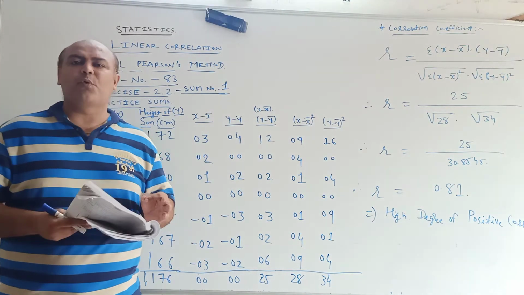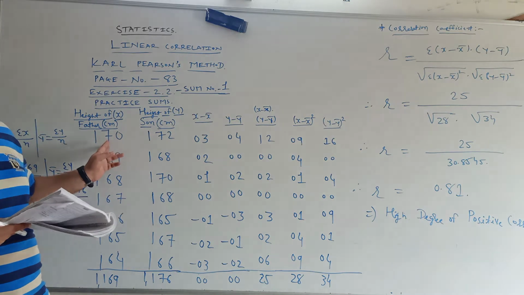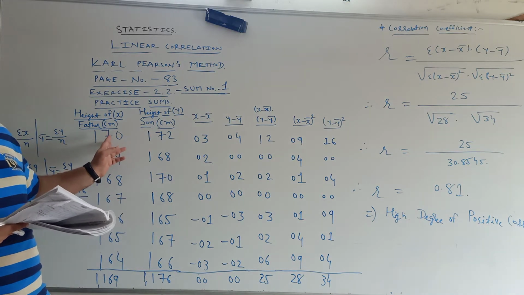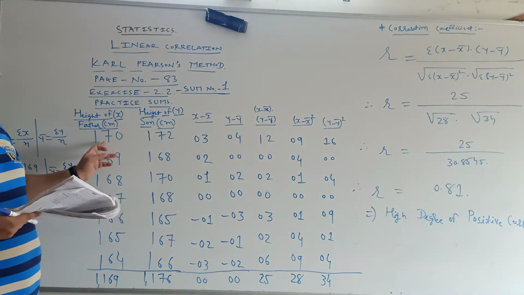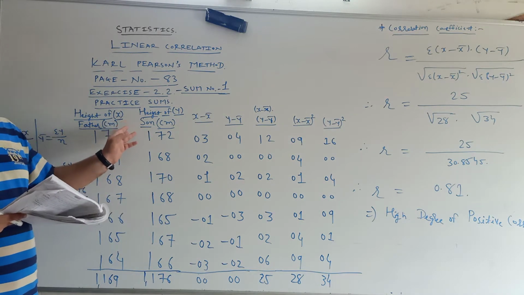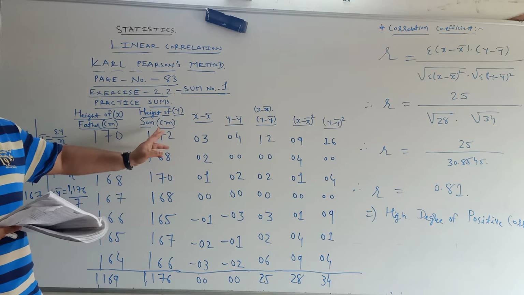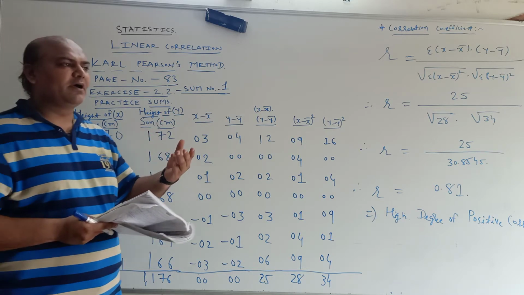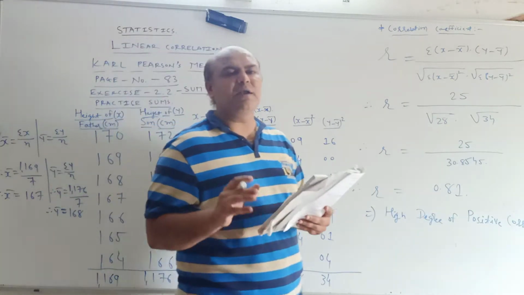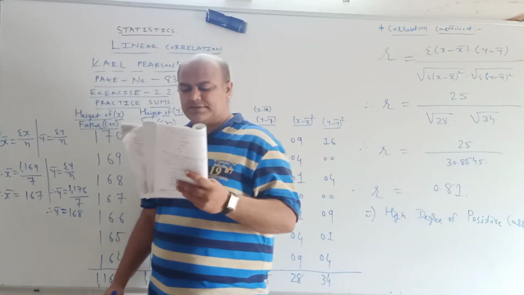Students, here they provide two variables to us. One variable is height of father, which we call x, provided in centimeters. The other variable is height of son, which we denote by y, also provided in centimeters.